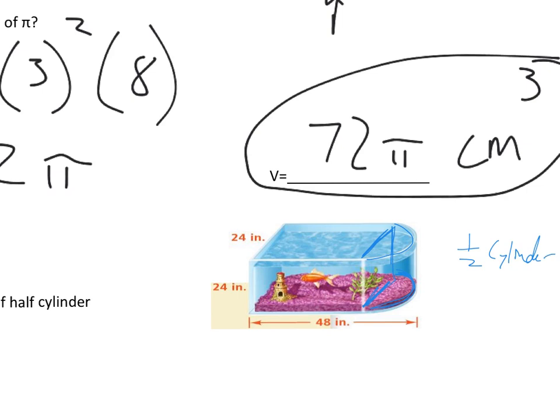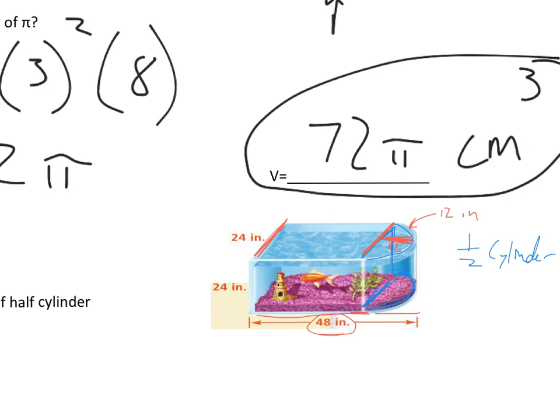And what you'll also notice is some of these dimensions are a little off. So let's look at the dimensions as they're drawn. Well, if this is 24 inches, then that would mean this entire width here is 24 inches. And since that's a cylinder, the radius would be 12 inches. So the radius here is going to be 12 inches. And that also affects this measurement down here because the prism stops at that corner.